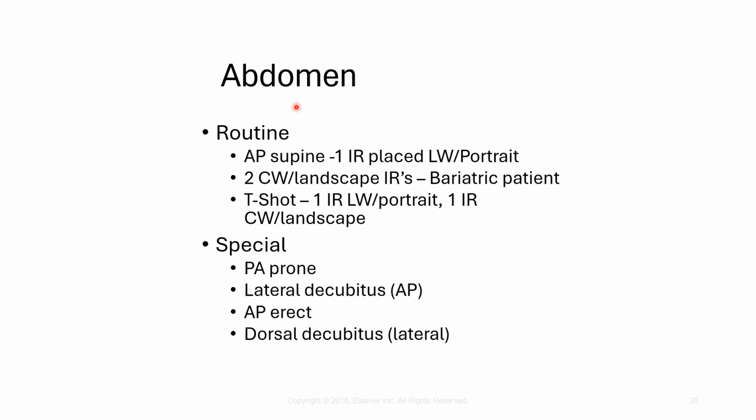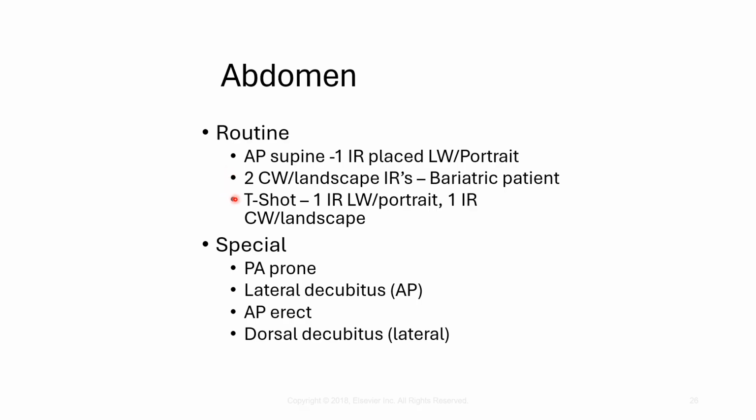These are some of the views that we do for abdomen. Typically, routine abdomens are either 1 AP supine abdomen with the IR placed portrait, or 2 crosswise or landscape IRs, typically like your bariatric patient. It could be 4 quadrant images, but that's probably more rare.